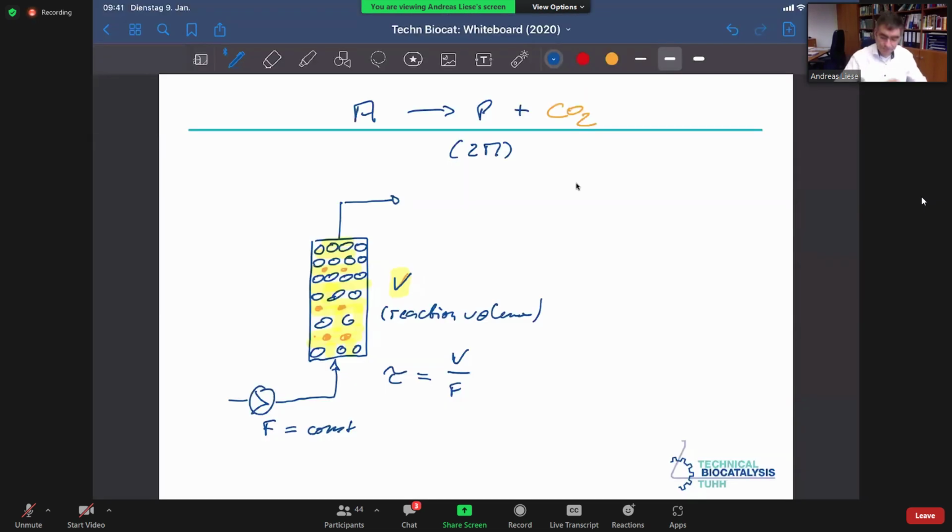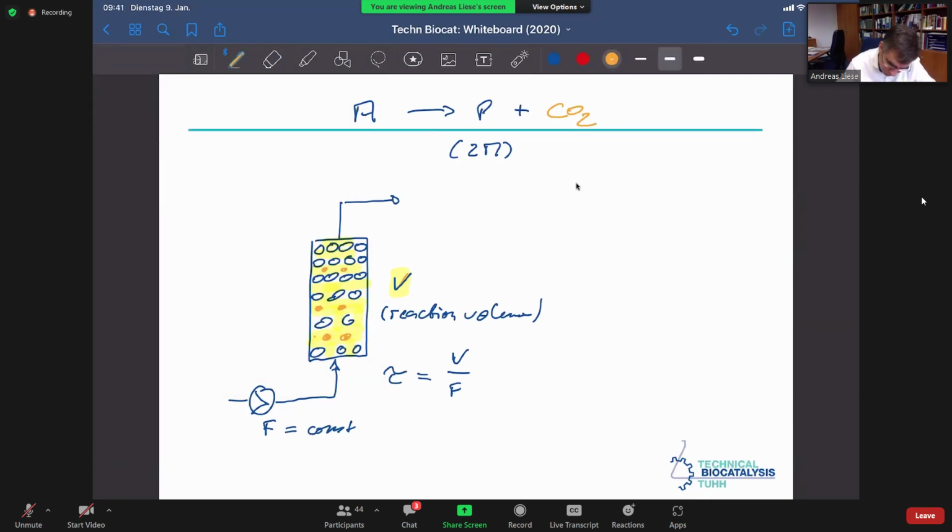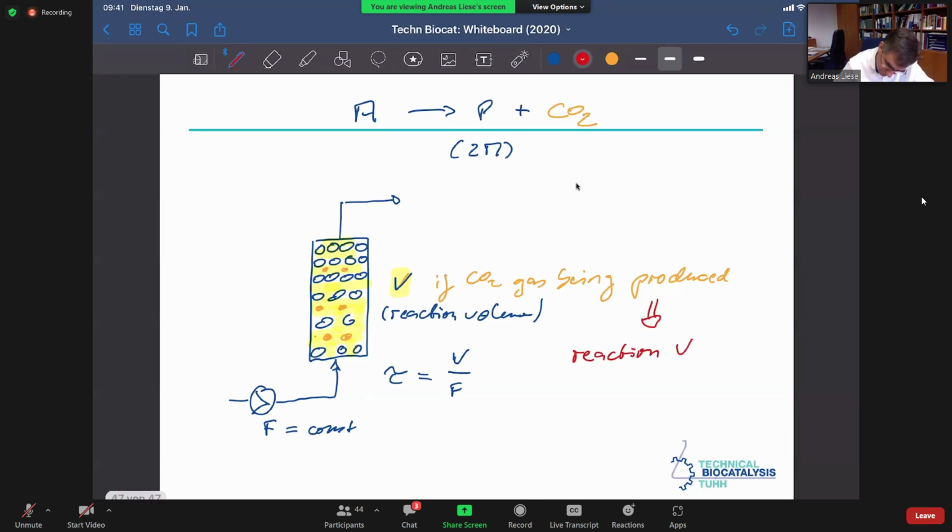So if we produce carbon dioxide gas, in consequence the reaction volume V is reduced, because the liquid volume is consumed by the gas phase.